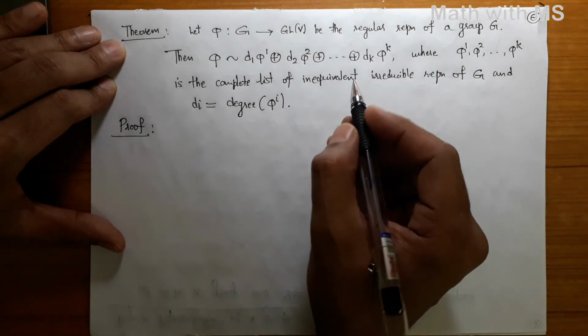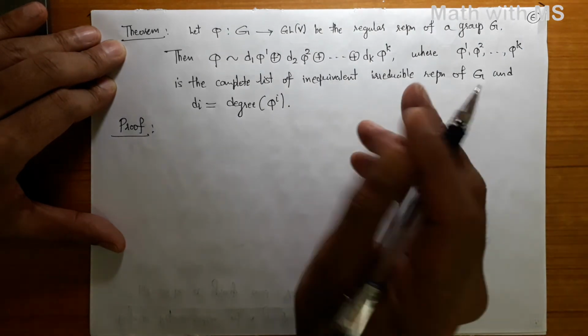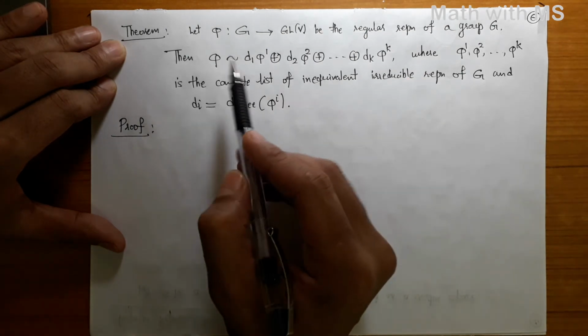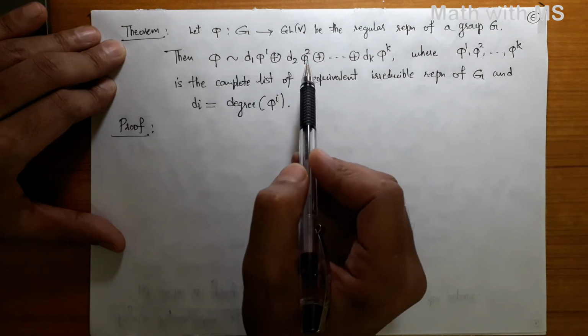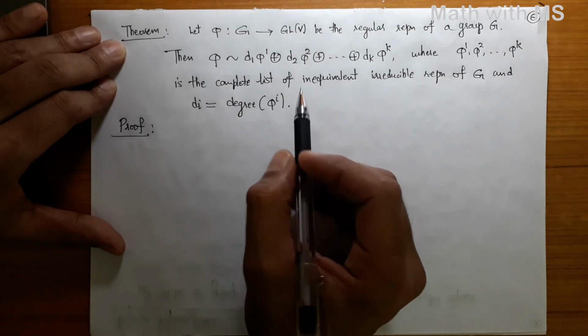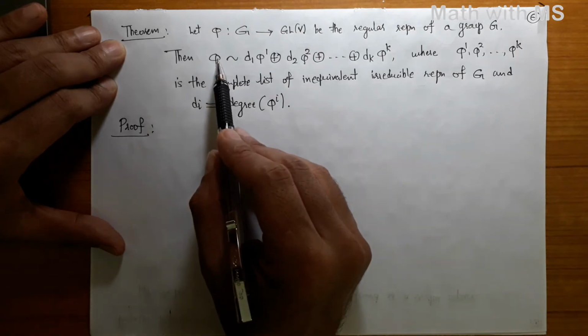But recall from lecture 6 that the multiplicity can be obtained by taking the inner product of the character of phi with the character of the irreducible constituent. And the character of phi we just computed.